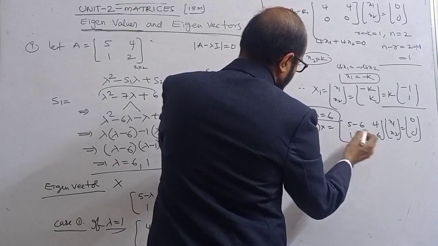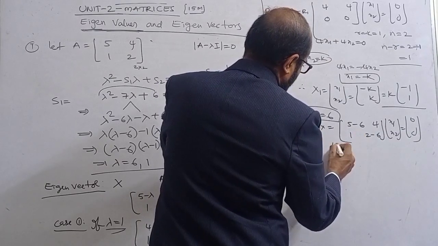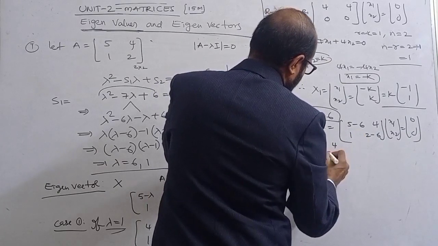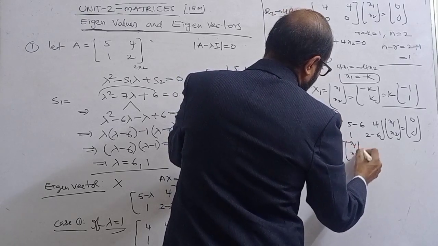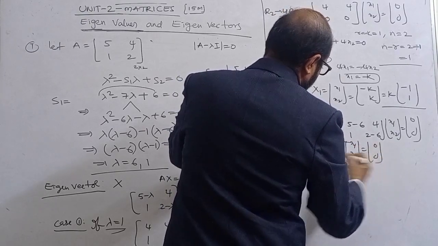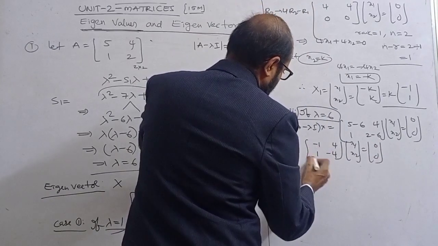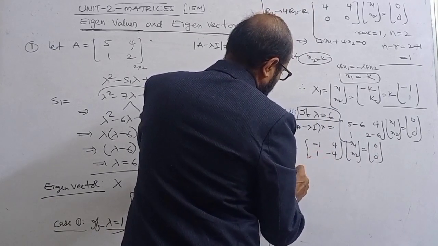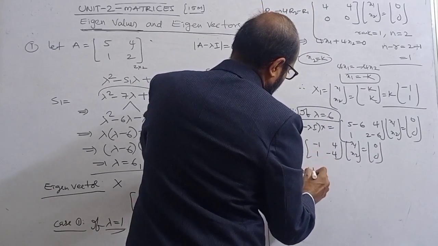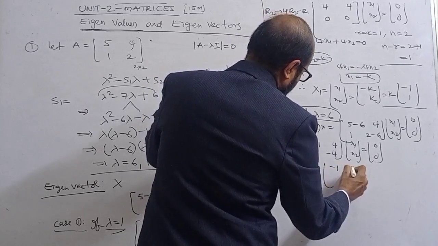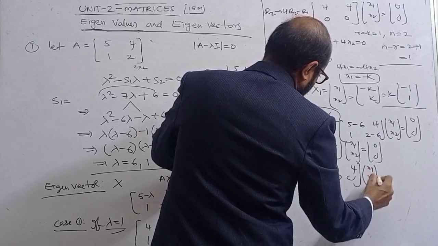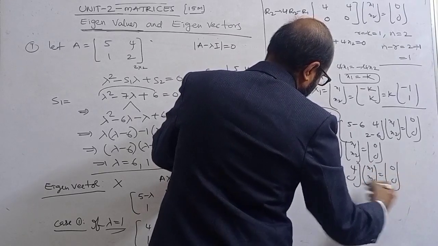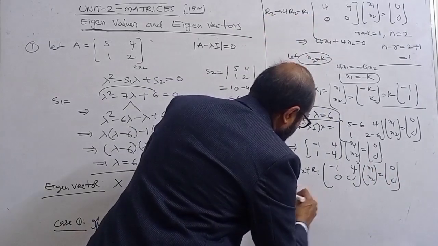This implies 5 minus 6 is minus 1, 4, 1, and this is minus 4. Now again I want to change to echelon form, so I change R2 to R2 plus R1. Then it becomes minus 1, 4, 0, 0 and x1, x2 equal to 0, 0.